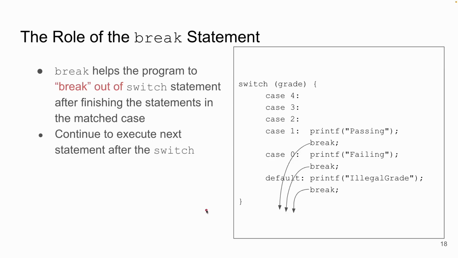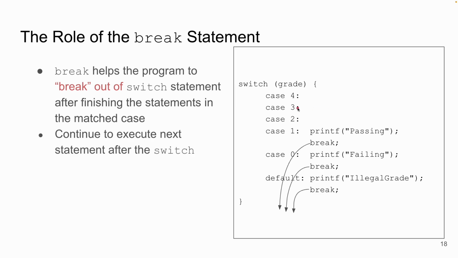So let's talk about the role of the break statement in the switch. The break statement can help the program break out of the switch after finishing the statement in the matching case. In the same example here, if we have the grade equal to 3, then the program will jump to case 3, and you will see there's no statement here, right?